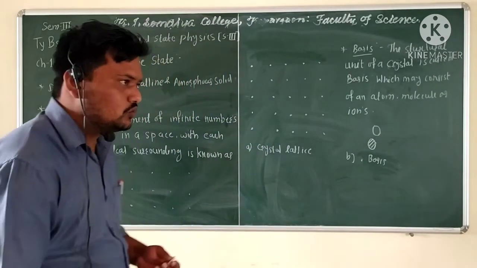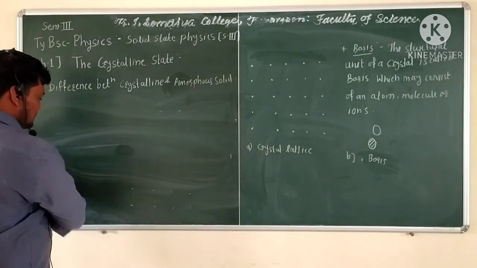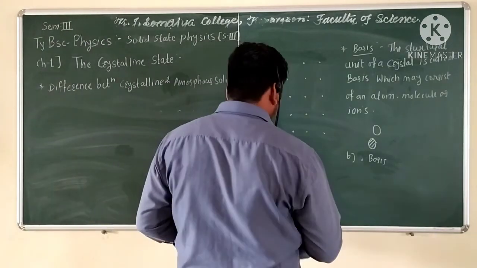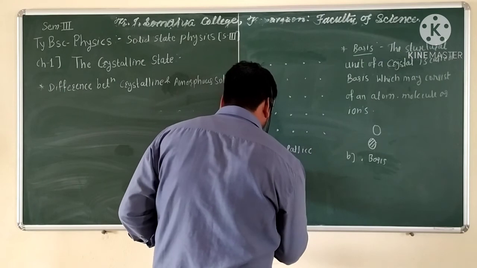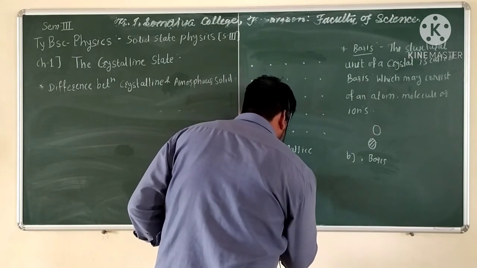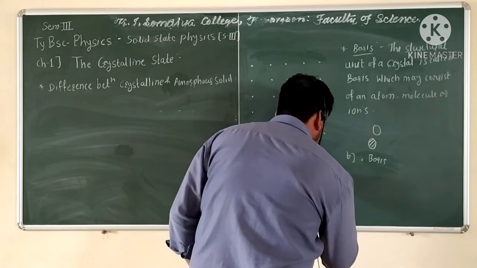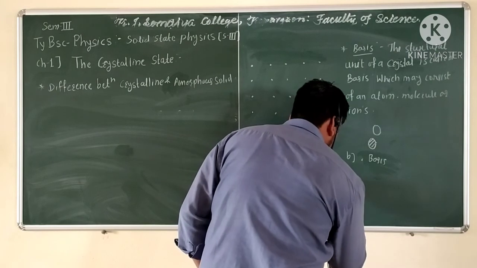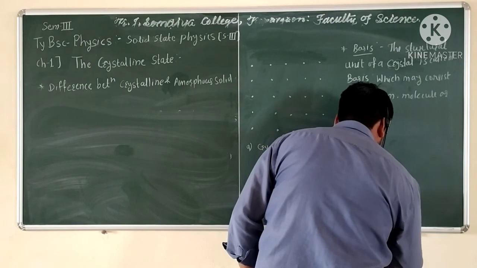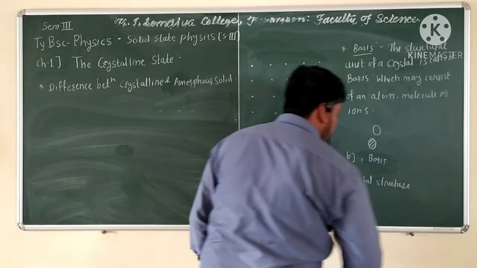So we have to draw here the structure of the crystal, or crystal structure, which is given by the basic phenomenon: crystal lattice plus this basis is equal to crystal structure. How does it look?